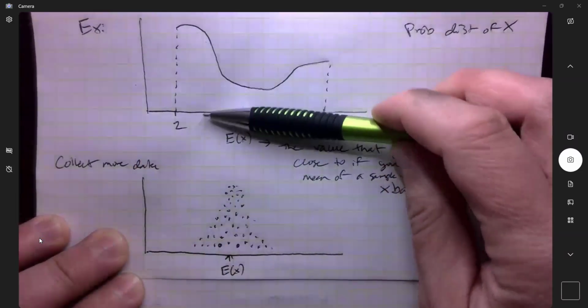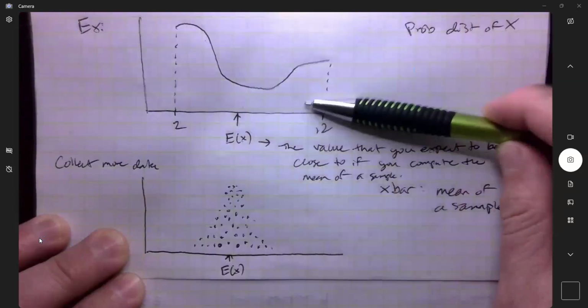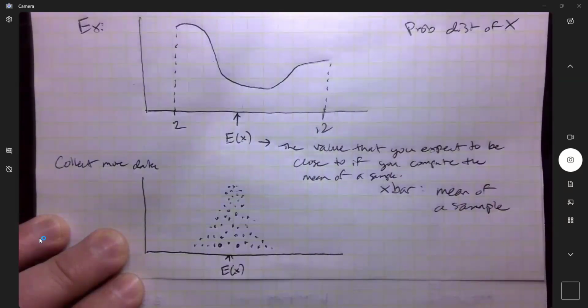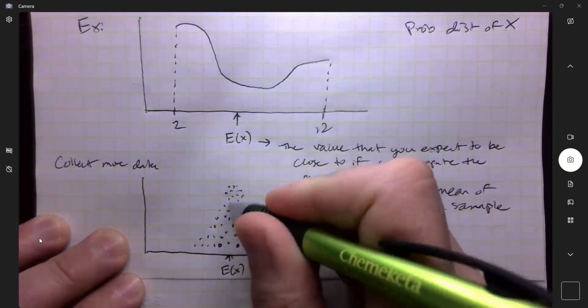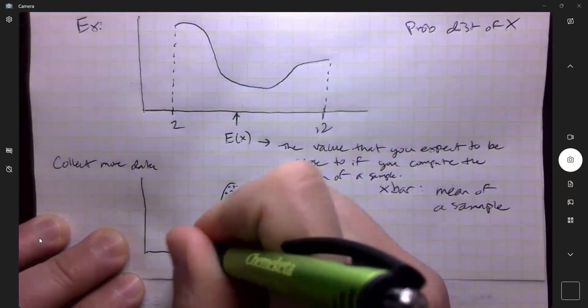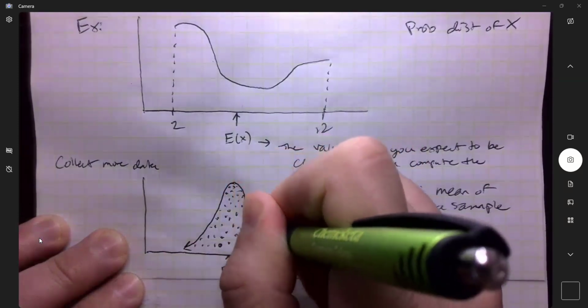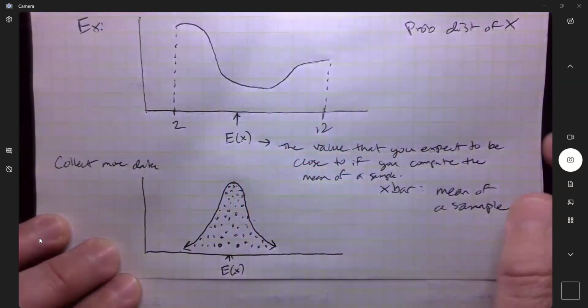One observation down here, not so surprising, but all of them down here and none of them up here would be surprising. So my sample means are generally going to be close to the center, and they're going to be less likely the farther away from the center I get. And that is exactly how you describe a normal distribution.